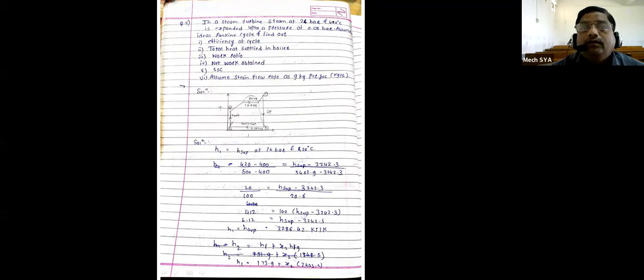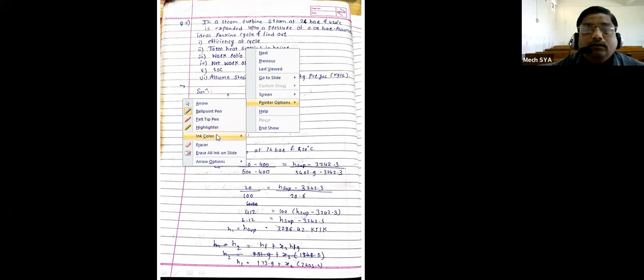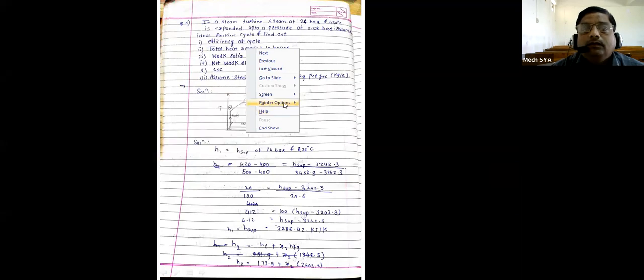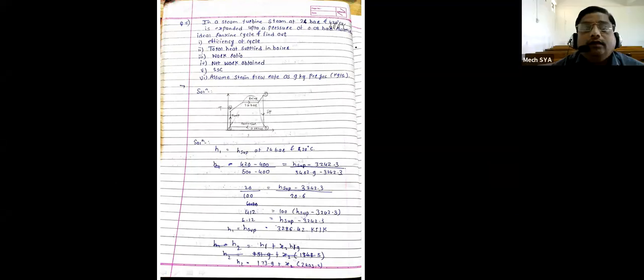In this numerical we have given 400 degrees Celsius, 24 bar and 400 degrees Celsius. That was changed from my side. So 400 degrees Celsius. So this numerical we wanted to solve.